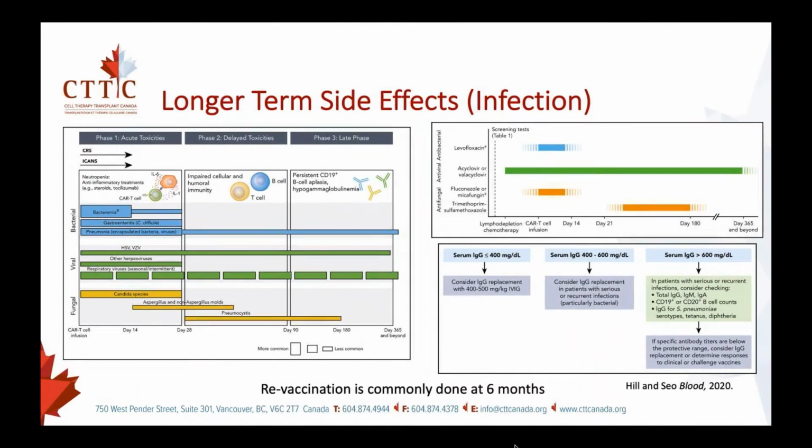Revaccination is commonly done at 6 months following CAR T-cell therapy, starting a revaccination series similar to the vaccines that somebody got in childhood. Every site might do it slightly differently, so check your site's policy as to what is being done. The thought here is that because of all the immunosuppression, some of the immunity has waned, although I think more data needs to be gathered on this.